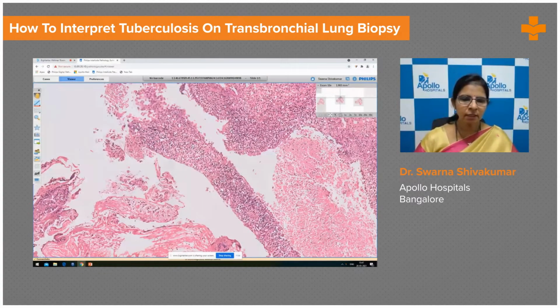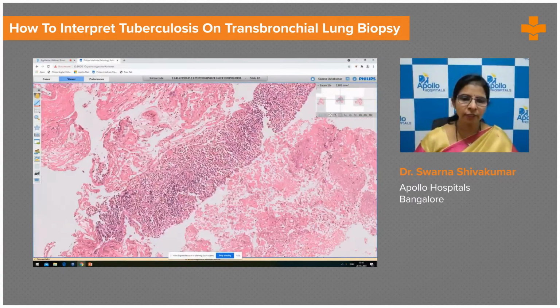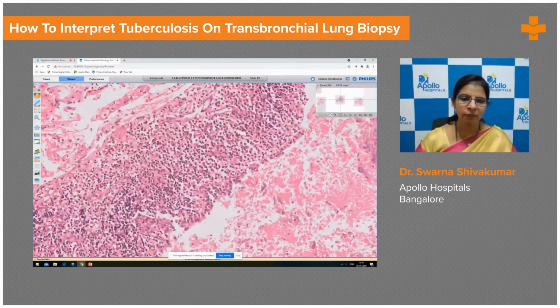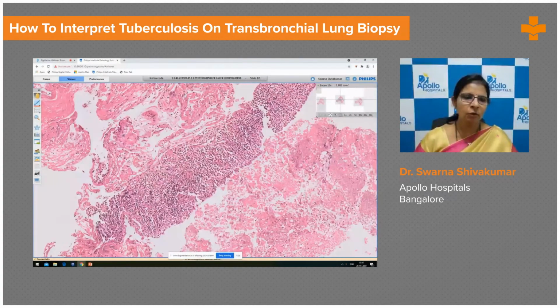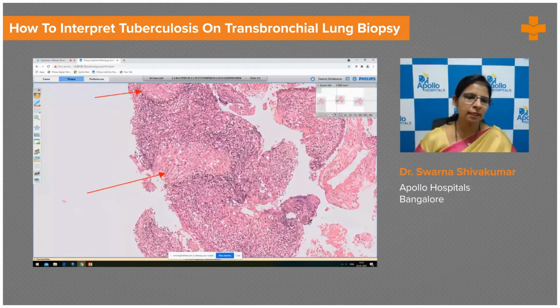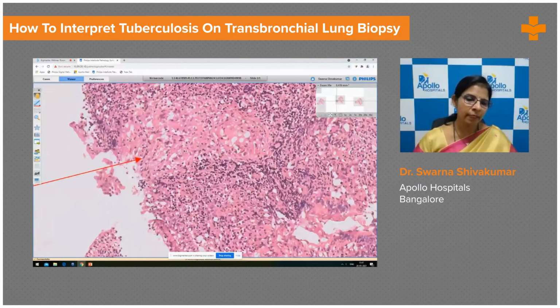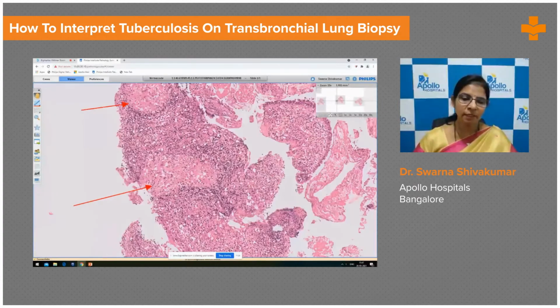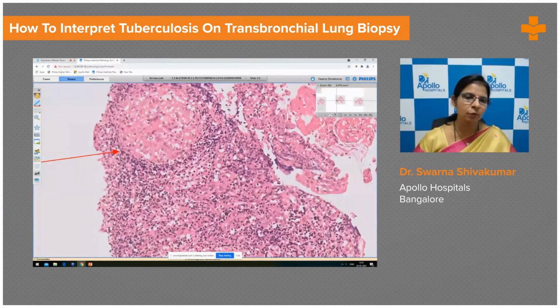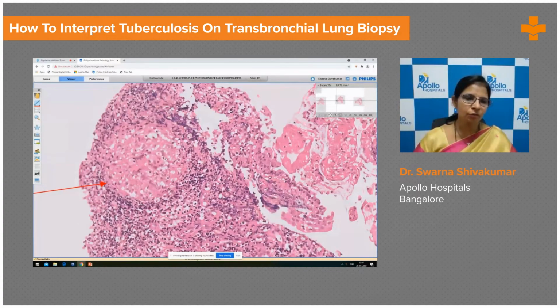Now let us see, not only infiltrate, is there any granuloma within this bronchial wall. Moving on to one more focus. Again, this is a bronchial wall lined by respiratory type of epithelium. And if you focus amidst the granulation tissue, you are seeing two discrete granulomas. This is one granuloma. Let us go to 40x.